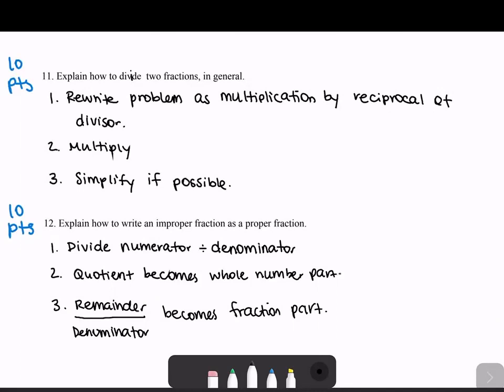So this is rewriting an improper fraction as a mixed number more precisely.